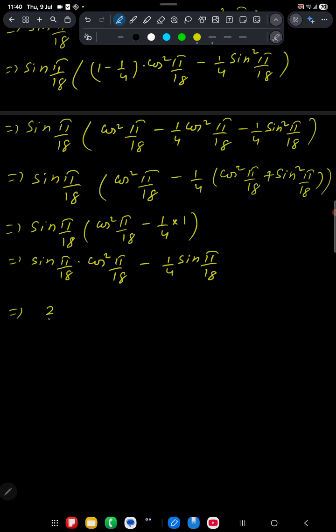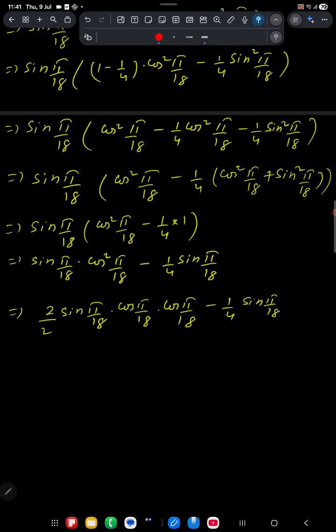For that I will multiply by 2 and divide by 2, and this will give you sin pi by 18, and cos square pi by 18 can be written as cos pi by 18 into cos pi by 18 minus 1 by 4 sin pi by 18. So this will give you 2 sin a cos a, so sin 2a.